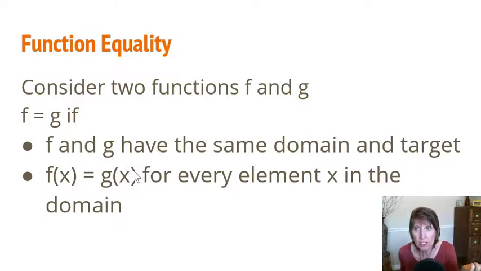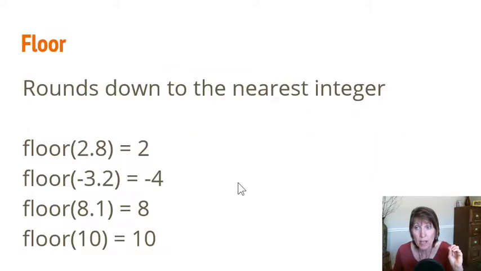There are a couple of functions that are interesting that we use a lot in computer science, and so those become useful. In fact, so useful that with most languages, they're easily available in a computing language. One is the floor function, and what it does is it rounds down to the nearest integer.